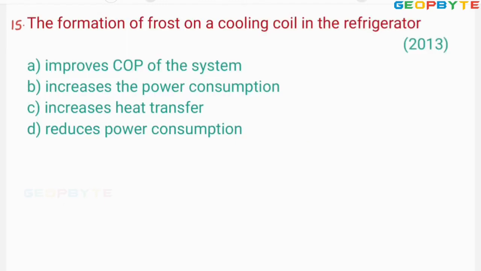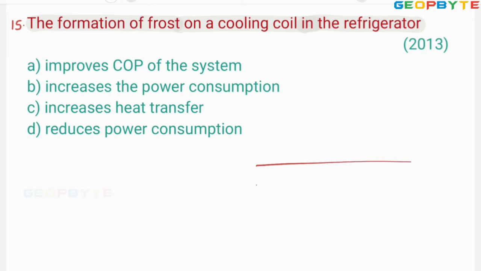Look at the 15th problem. The formation of frost on the cooling coil in a refrigerator. Here frost means, dear friends, in the cabin space of a refrigerator, particularly in the deep freeze region, you can find some ice particles.